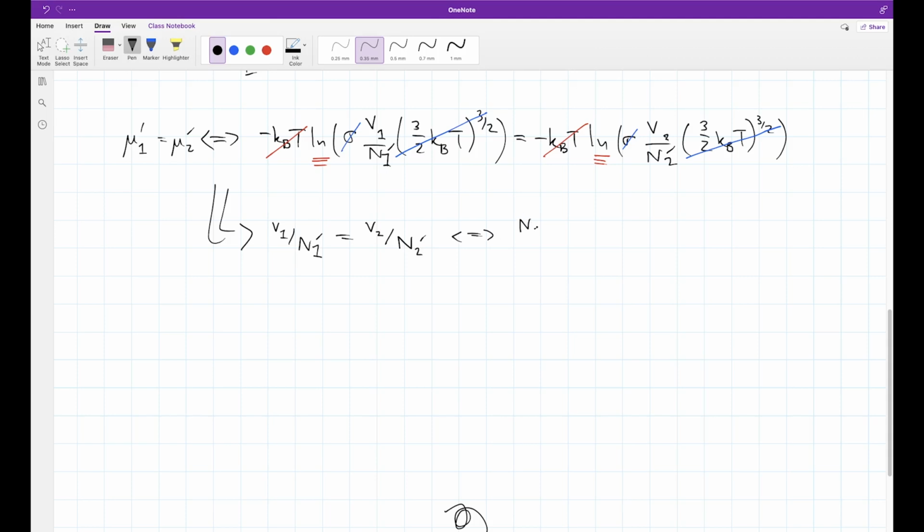So we'll go N1 prime over V1 is equal to N2 prime over V2. So this is going to be one of the equations that we need. The second one is our constraint, which is that N1 plus N2 is equal to N1 prime plus N2 prime.